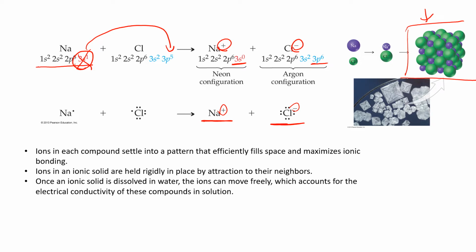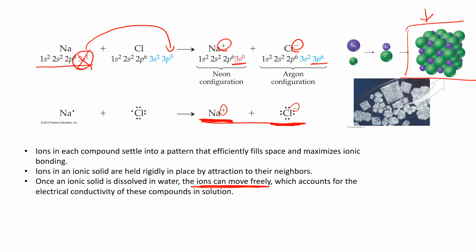So even though you have kajillions of these atoms in a speck of salt, in a crystal of salt, it doesn't matter because they're in a 1-to-1 ratio. For every 1,000 sodium ions, there's 1,000 chloride ions, okay? So we will talk a little bit more about these, but these tend to be soluble in water, but we will do solubility rules later. And once an ionic solid is dissolved in water, these ions are free again.